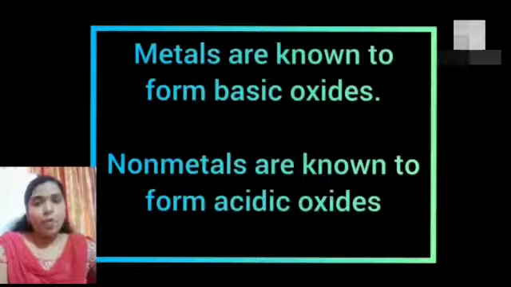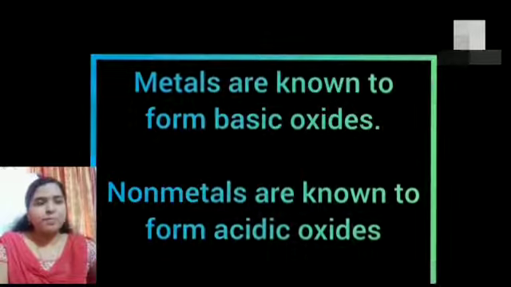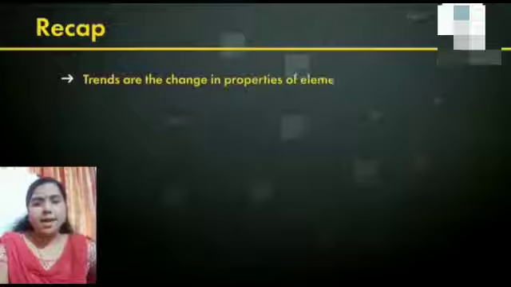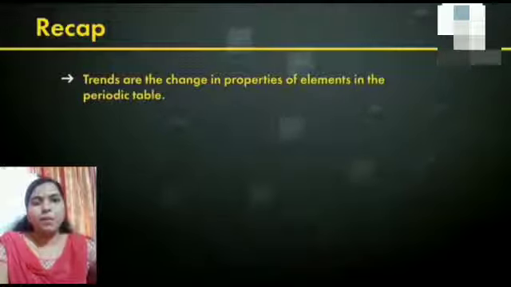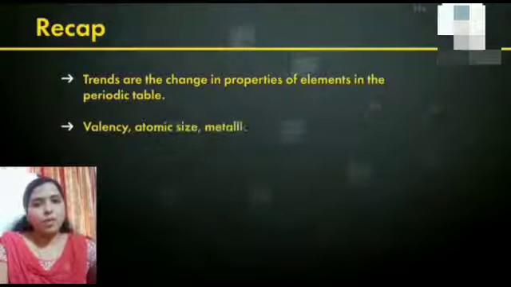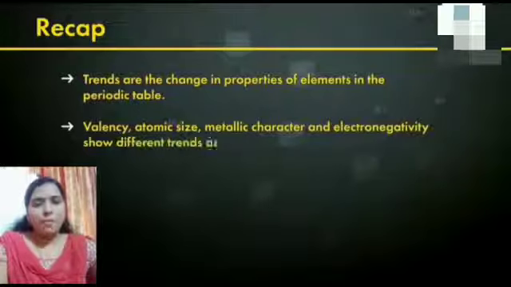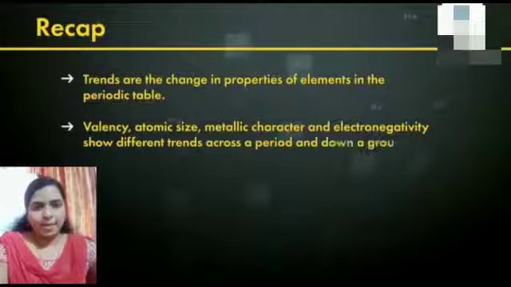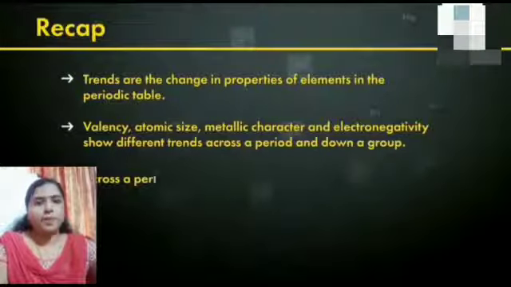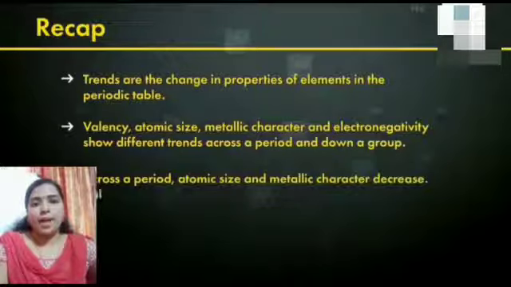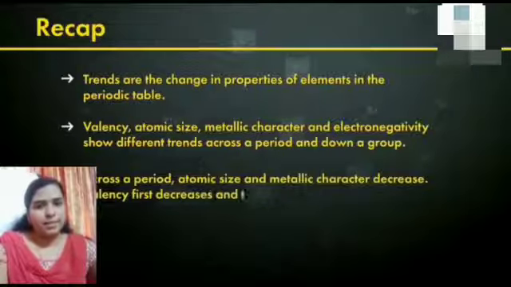Children, let us recap what we have learned today. Trends are changes in the properties of the elements in the periodic table. Valency, atomic size, metallic character and electronegativity show different trends across a period and down the group. Across a period, atomic size and metallic character decrease, whereas valency first increases and then decreases, and electronegativity increases.